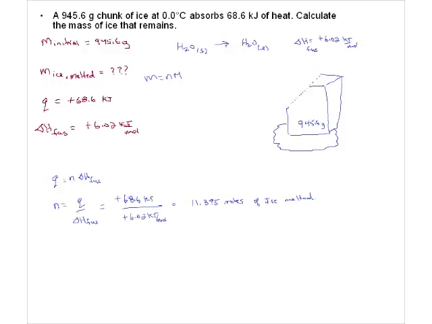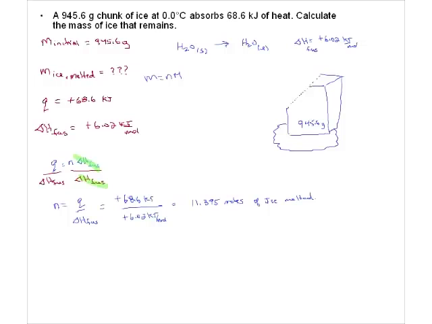So when I rearrange this, if I want to solve for n, I'm simply going to divide both sides by delta H. Let me just show you how to rearrange that if you're not sure. I'm simply going to divide both sides by delta H of fusion. And of course, these two are going to cross out because they're on top and bottom.